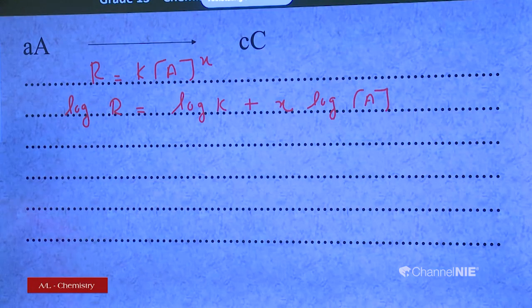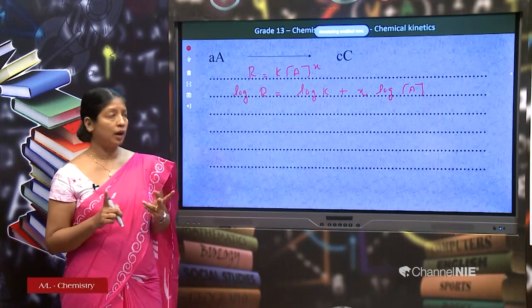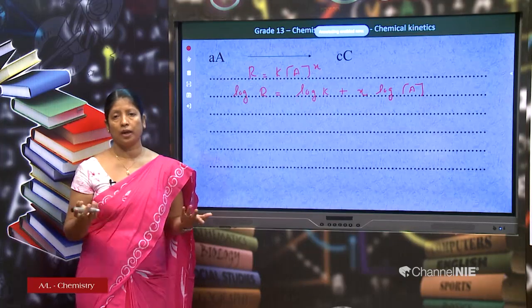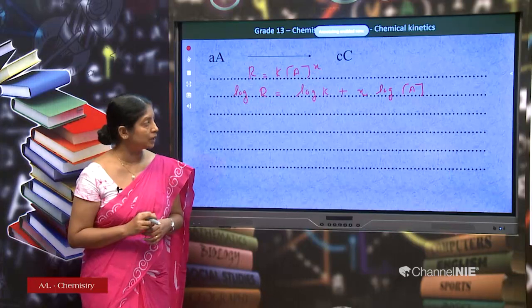The advantage of this one is it does not matter. Now, if you can remember, the first graph, I told you, can easily be used to identify when order is 0. The second graph, I told you, can easily be used to identify when order is 0 or 1. But we came to know that if you have a higher order, second or higher, the order cannot be identified because you will end up with the same shape in the graph.